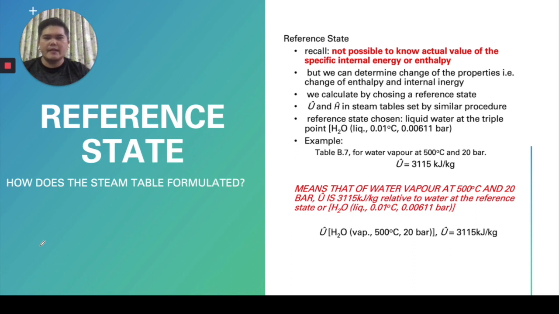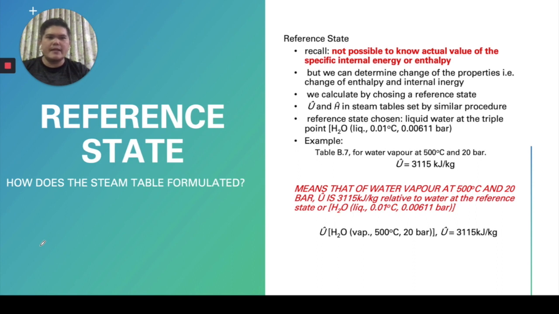For example, what will be the change from one state to another state? What will be the change from, let's say, steam at 100 degrees Celsius to superheated steam at 400 degrees Celsius? So we can compare what will be the change of enthalpy or internal energy for that. And therefore, in order for us to calculate it, we can choose the reference state, which is actually what you find in the steam tables.